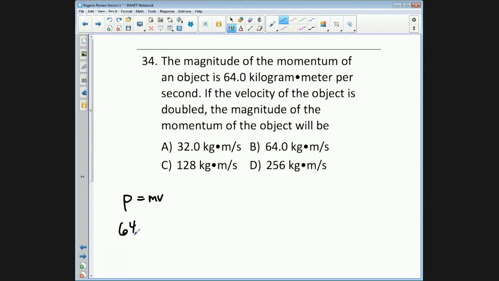So if our momentum is 64 kilogram meters per second, and if we double the velocity, then the momentum also gets doubled. Mass stays the same, obviously. So 64 times 2 is 128. That would be the answer.